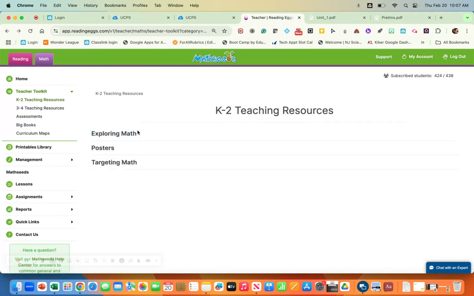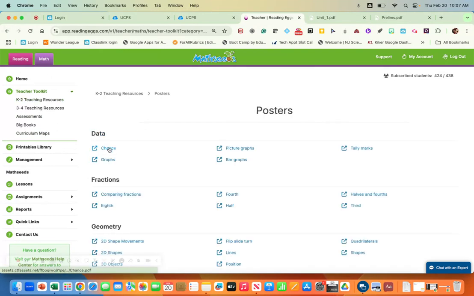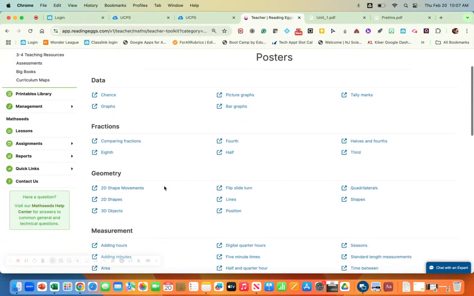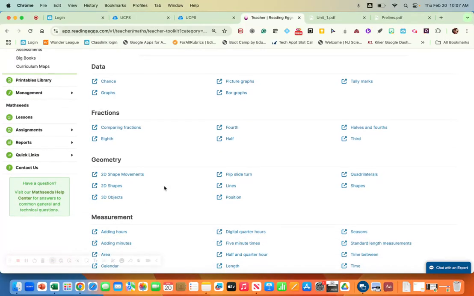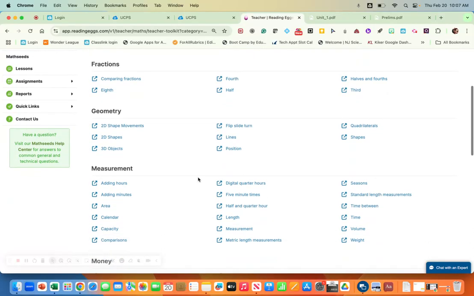That was exploring math. Then you have these really cool posters. If you need students to have posters to refer to, to help them remember certain things or to work with the topics and skills that you're teaching, for students that might need extra help, 504 students, for example, you can come here and print out some of these posters.